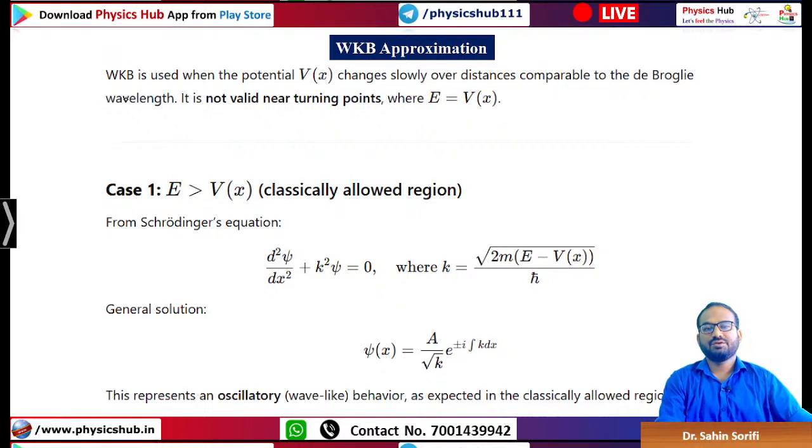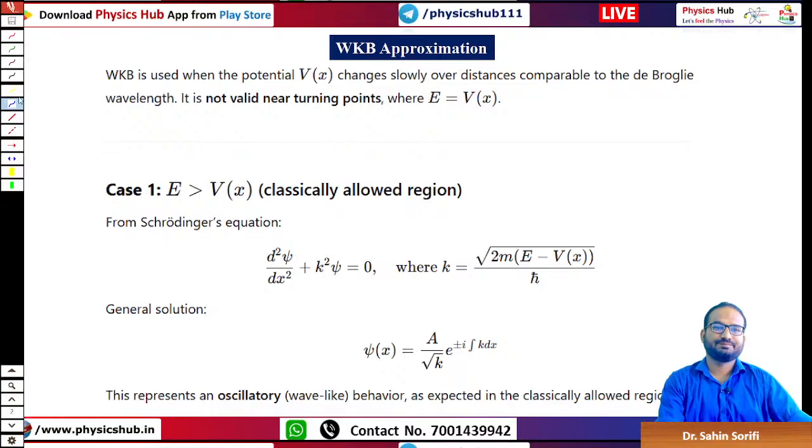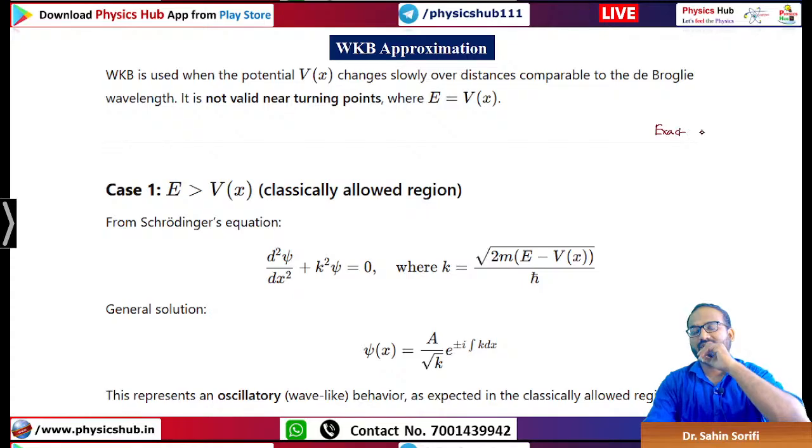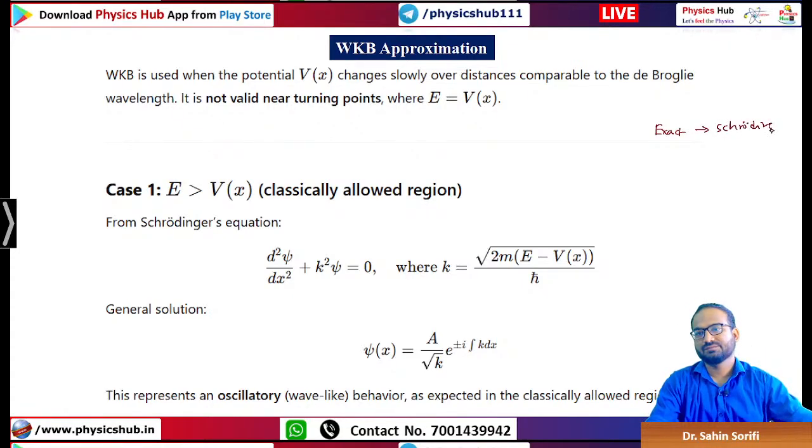When do you use WKB approximation? When we know the exact Hamiltonian, we use the Schrodinger equation to get the solution. Then we have the perturbative approach, when the exact Hamiltonian is slightly disturbed by some perturbation.